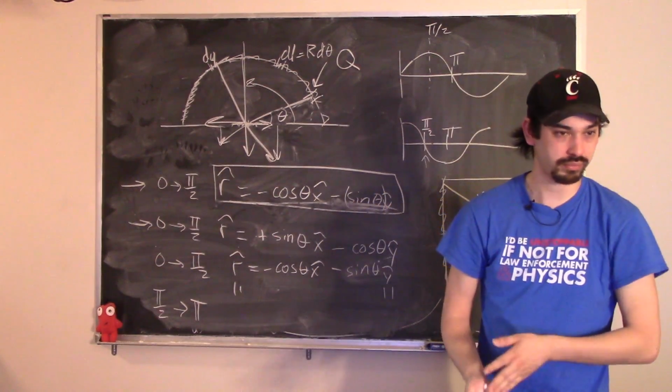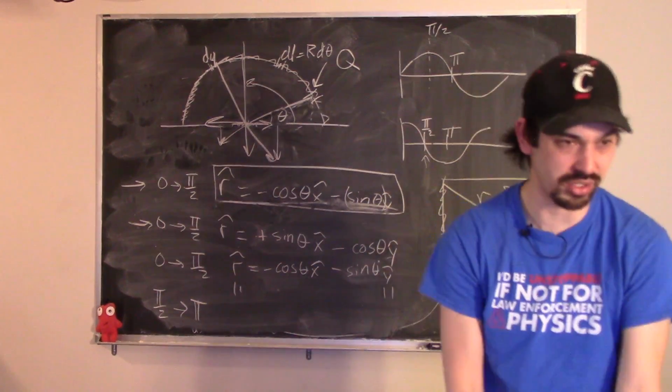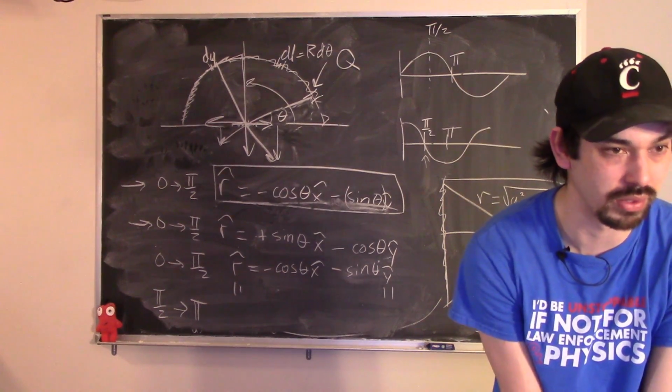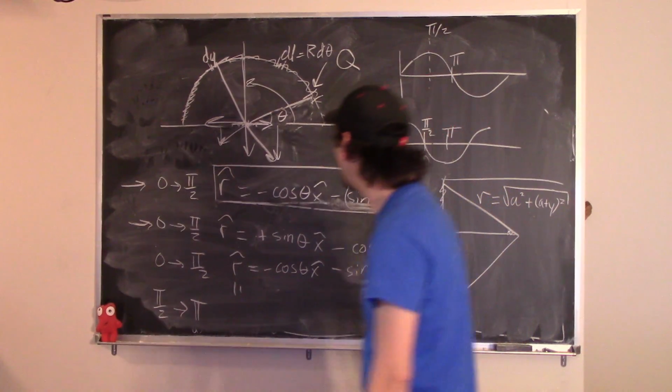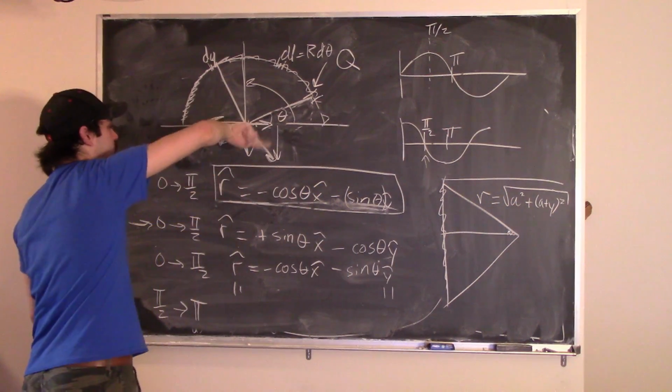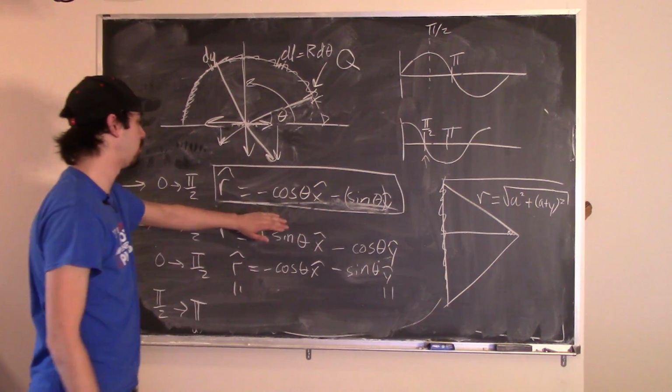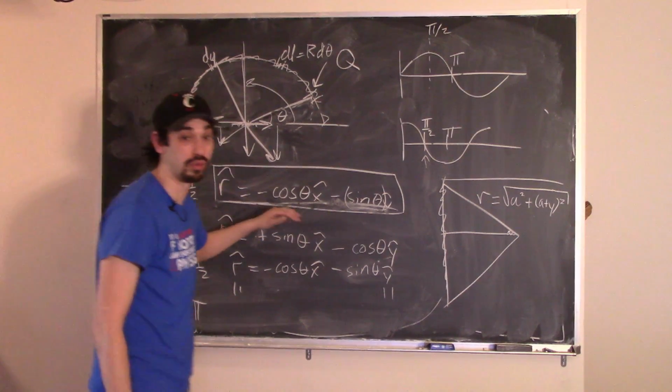So yeah, I think, again, I answered these in a little bit of a roundabout way. But yeah, Brian, that's a good question. Ultimately, the fact that the r hat is changing direction is taken into account by the way I wrote this.